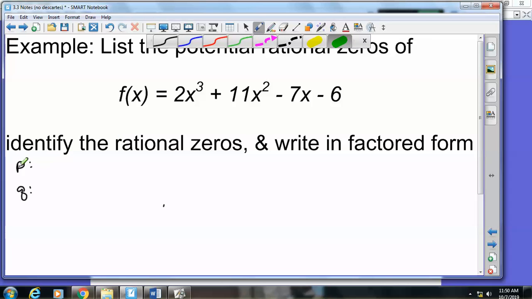So we start. The first thing I'm going to ask you to do, tell me your P and Q values. The P values come from the constant. So they are all the factors of that, everything that divides it evenly. So in order to get -6, you could take +1 times -6, or -1 times +6, or 2 and -3, or -2 and +3, right?